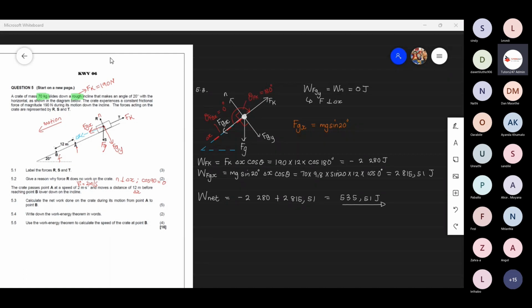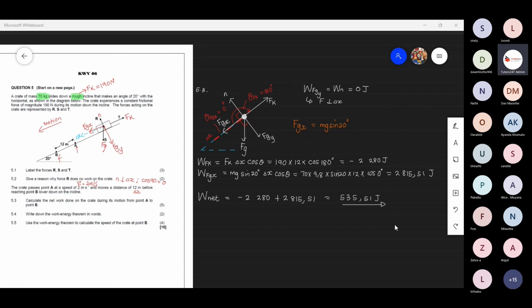Those are not in the path of motion, but they will produce either a positive or negative work depending on the angle. So I would recommend that you use the phrase, the force is perpendicular to displacement, for 5.2. That is the whole reason that work is 0. Work is only 0 if the force is perpendicular to displacement. Or you can say if the angle between the force and the displacement is 90 degrees. That is also acceptable.